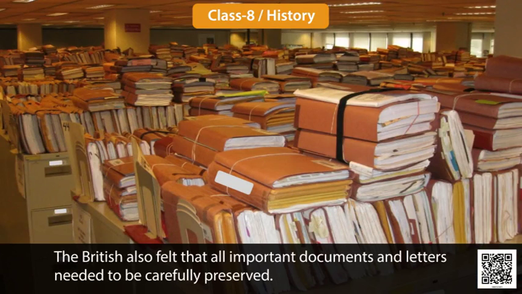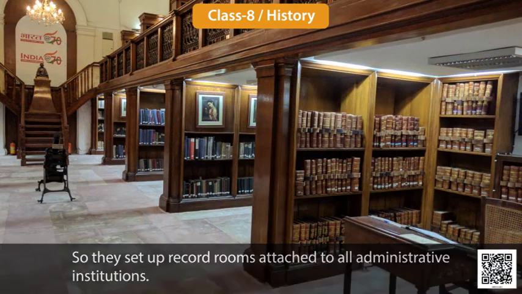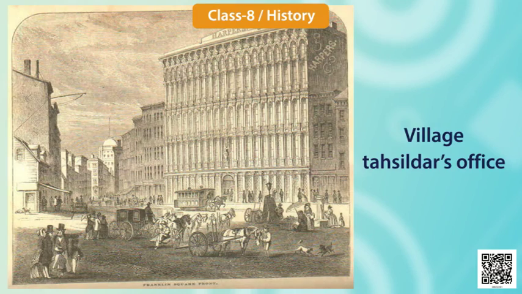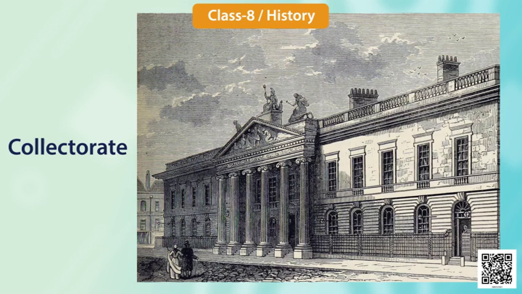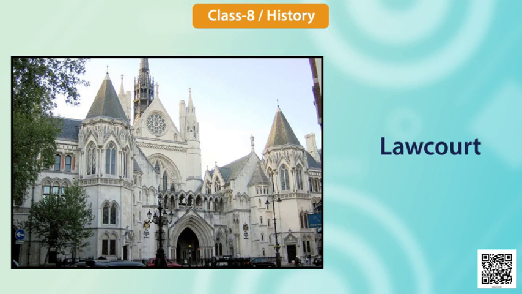The British also felt that all important documents and letters needed to be carefully preserved. So they set up record rooms attached to all the administrative institutions. The village tehsildar's office, the collectorate, the commissioner's office, the provincial secretariats, the lower courts all had their record rooms.